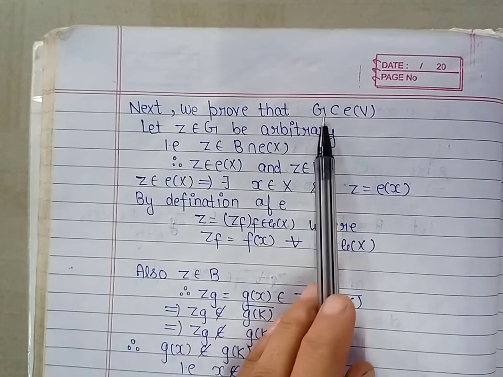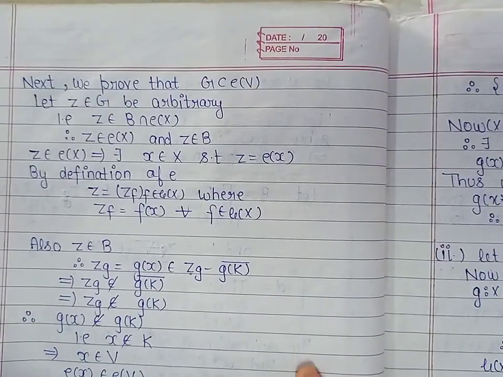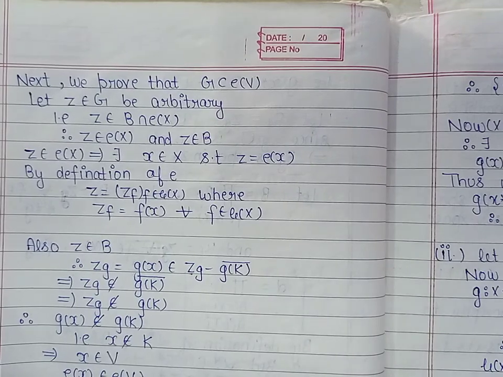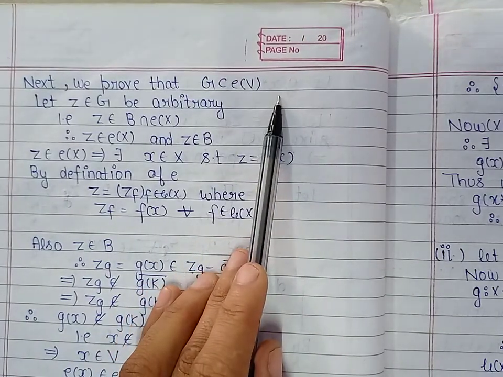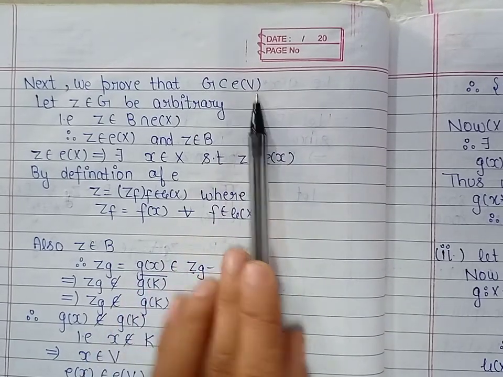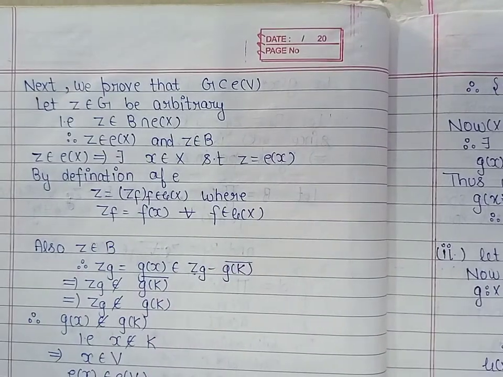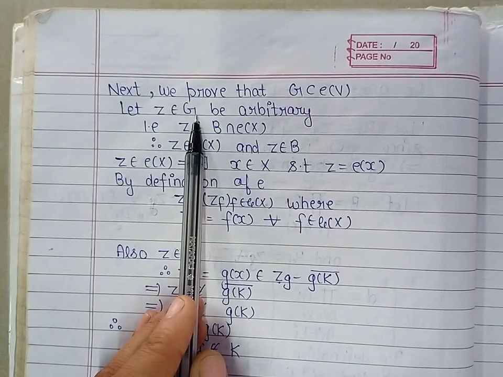Now it remains to prove that G is contained in E of V. To prove this, let us take an arbitrary element from G and we will claim that it belongs to E of V. Now let us take Z belonging to G as an arbitrary element.